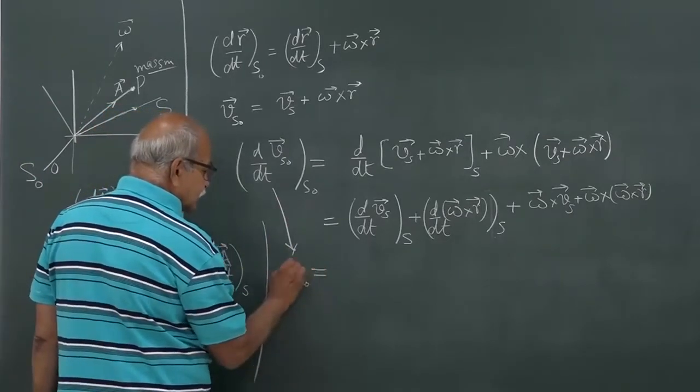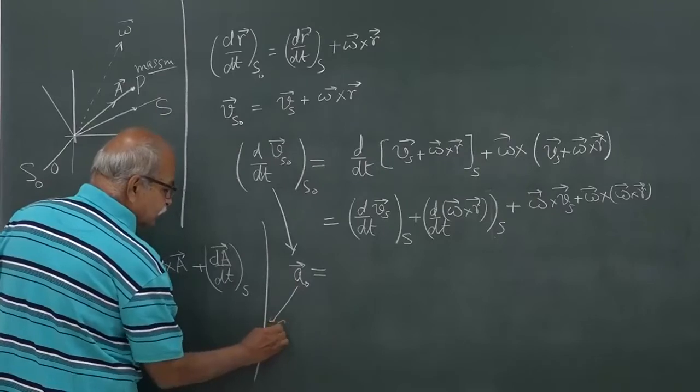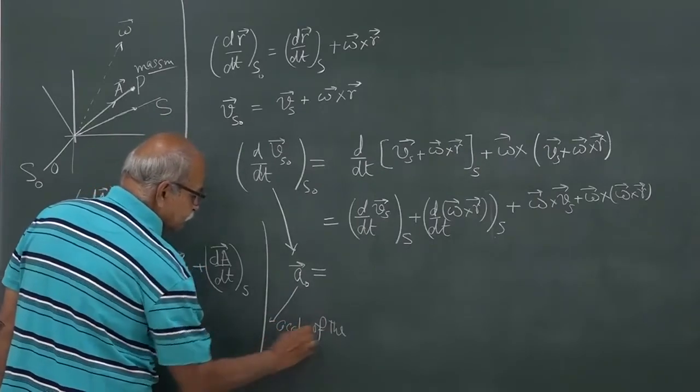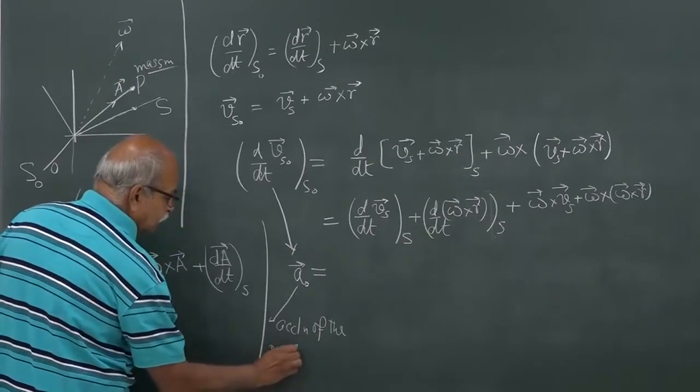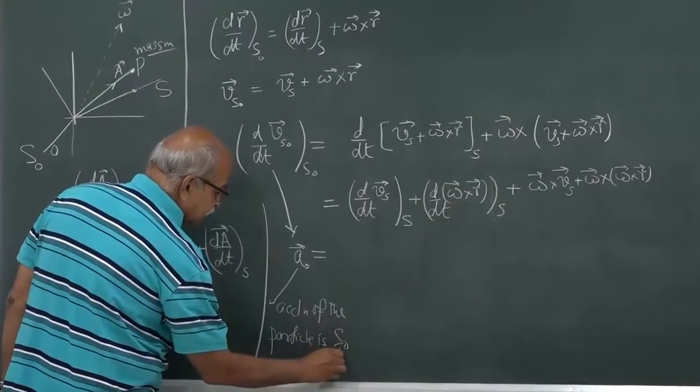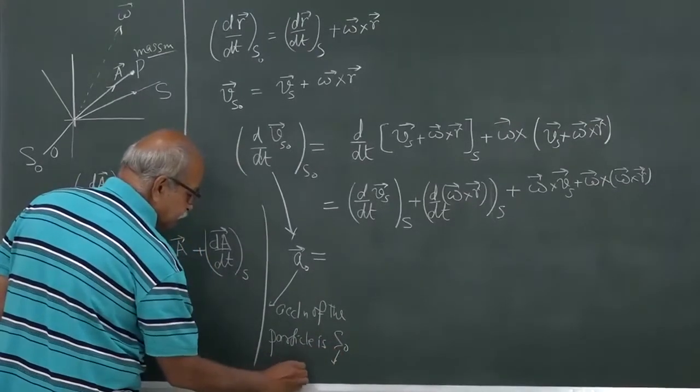What is A naught? A naught is the acceleration of the particle in S naught. And what is S naught? S naught is our inertial frame of reference.